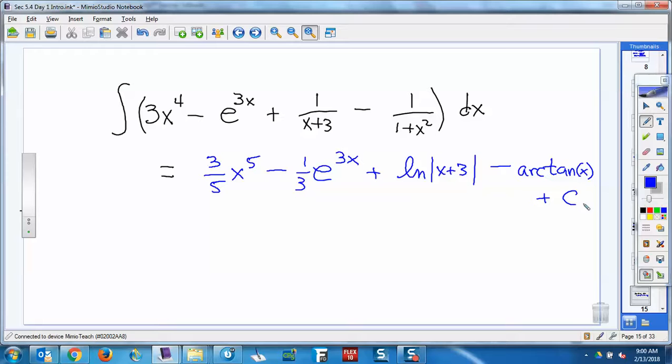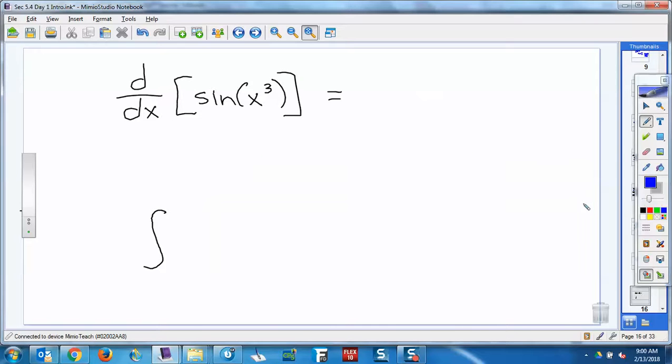Okay? So that's just a little glimpse of all the different ones we talked about on page 333. And when there are plus and minus signs, you just go along and do the antiderivative of each one. Okay, but we've got days and days of practice of that before we get to the gateway test. Okay, so then the question becomes, what about this?